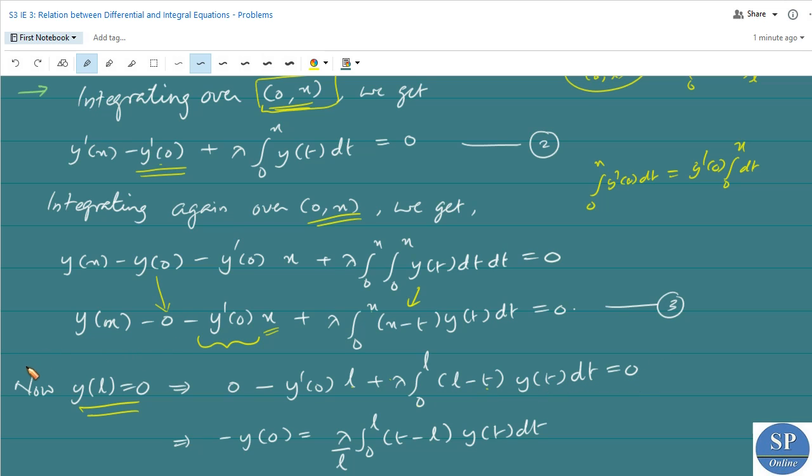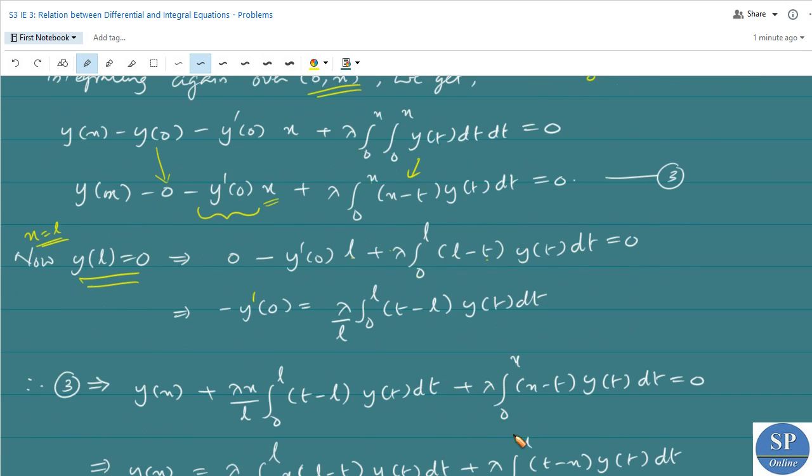Here we have to replace this minus y dash of 0. From this we get minus y dash of 0 is equal to lambda by L into the integral 0 to L of (t minus L) y of t dt. So we can replace this minus y dash of 0 here.